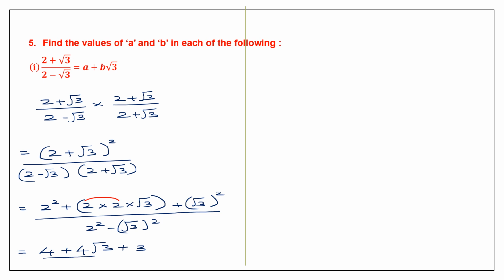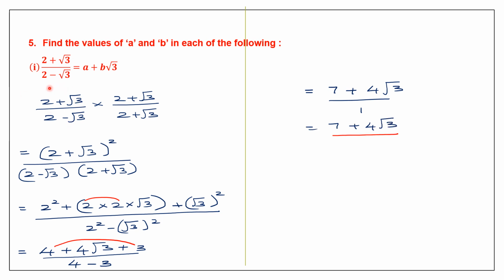And in the denominator we have 2 2's are 4 minus root 3 into root 3 is just 3. Now if we simplify that further, we get 4 plus 3, which is 7. So 7 plus 4 root 3, and in the denominator 4 minus 3 is 1. So finally what do we have? 7 plus 4 root 3.